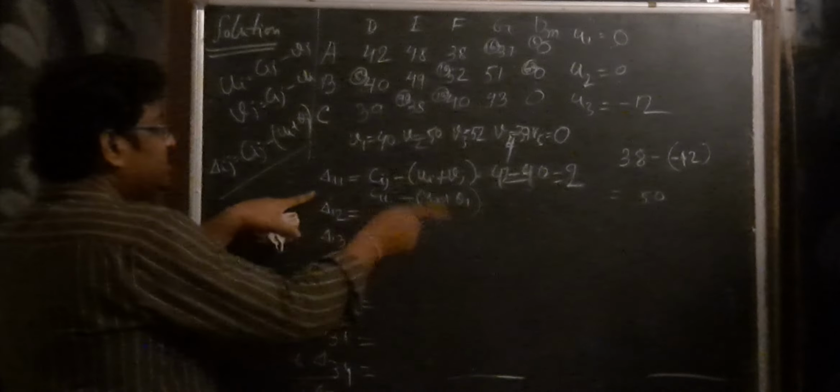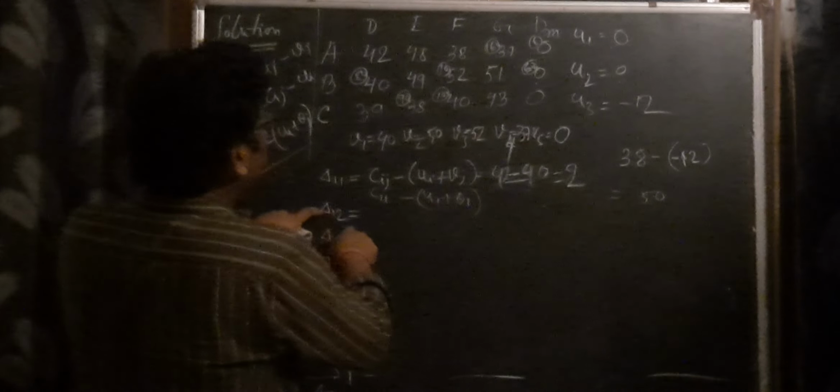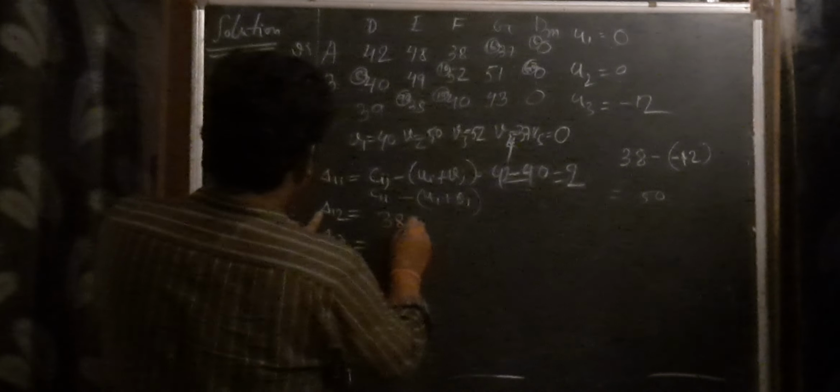Okay, in this way we can have del 1 2. For this, that is 32 minus 0 plus 50, it is 48.